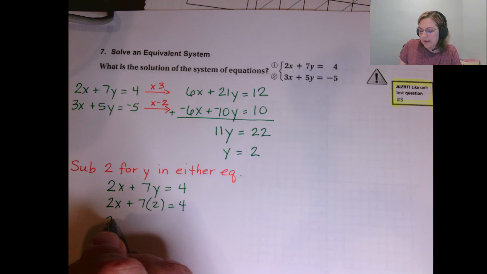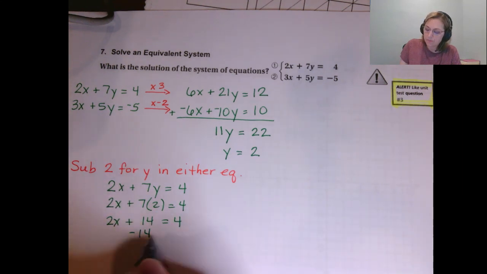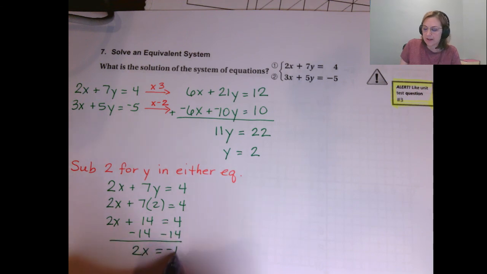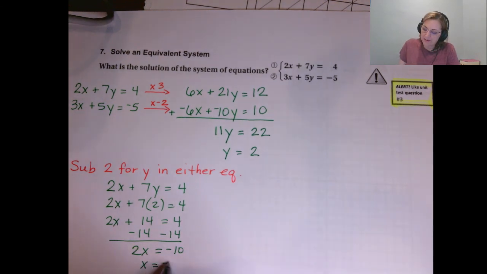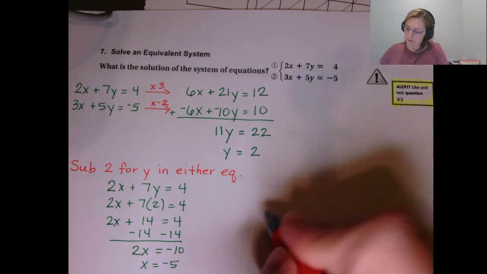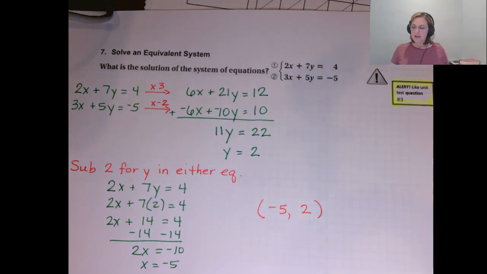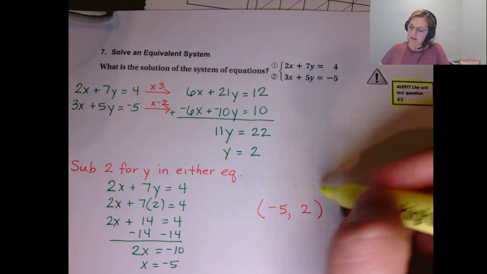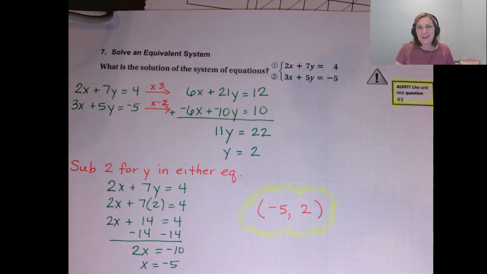That'll give me 2x plus 14 equals 4. So I have 2x equals negative 10. And then x would be negative 5. We divide by 2 on both sides there. All right, so my answer, again, as an ordered pair, would be negative 5, 2. And that finishes up our substitution and elimination method.